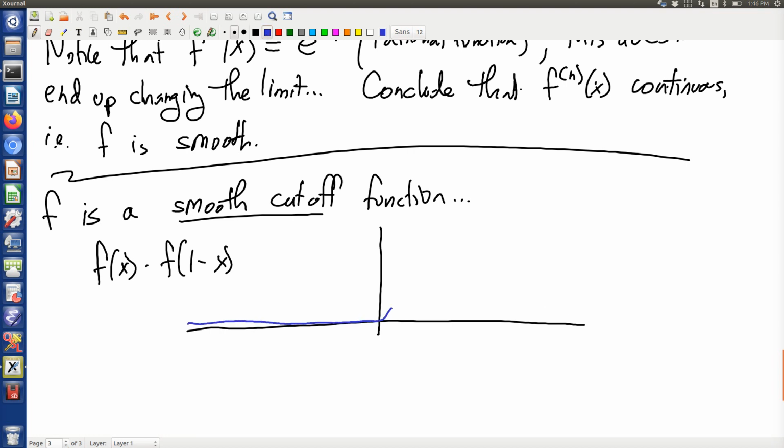At 0, it comes up smoothly and then goes down smoothly. I suppose I ought to highlight this guy in blue. This is called a bump function.